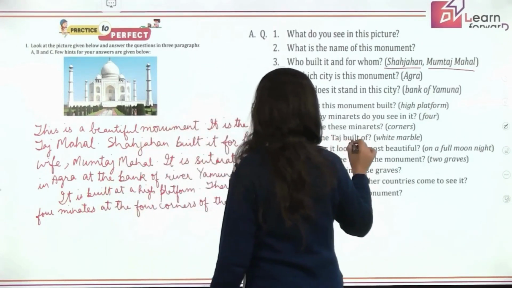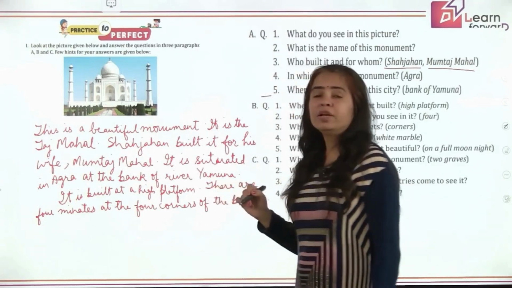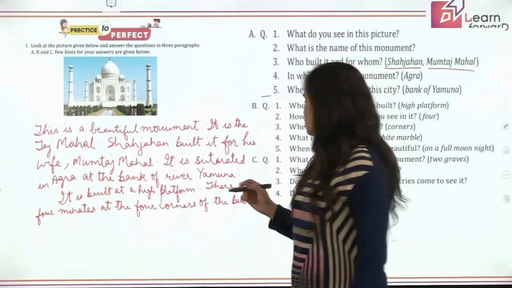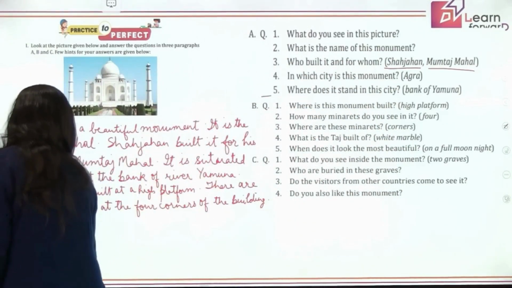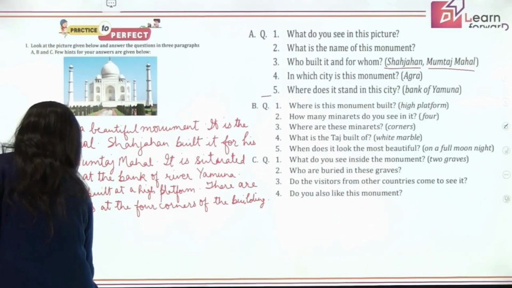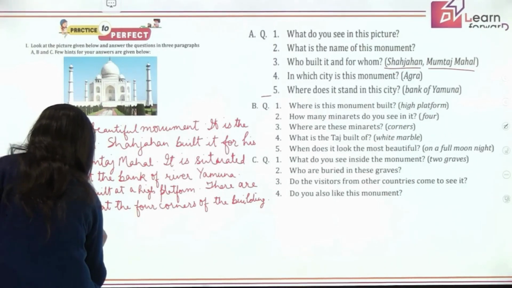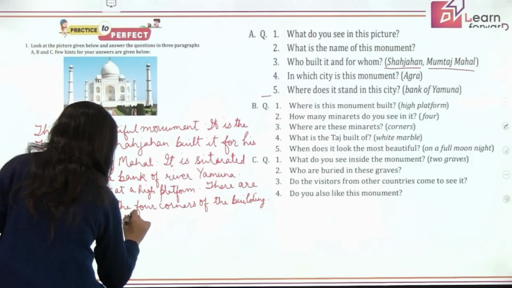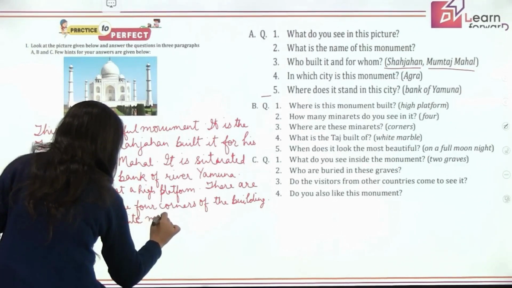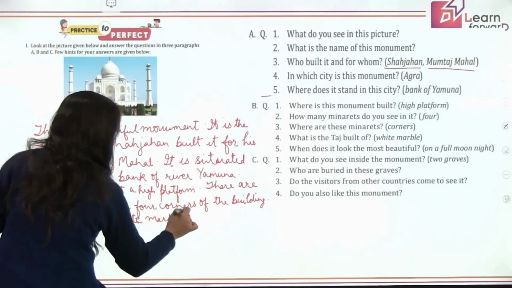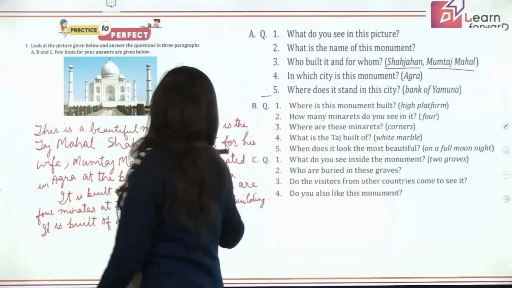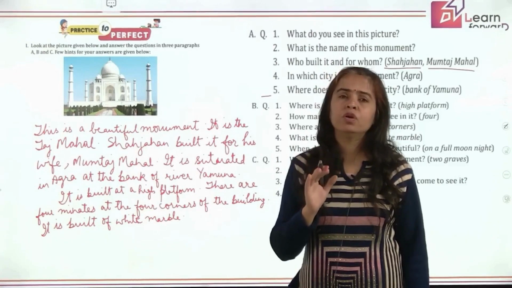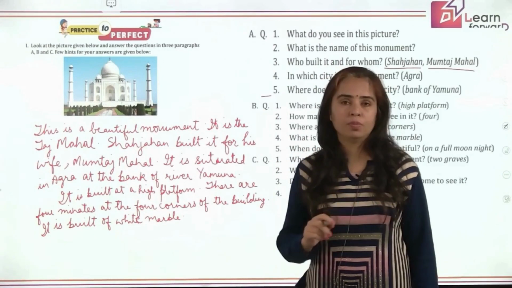Then, what is the Taj built of? What is used for building it? It's a pure white marble. So it is built of white marble. When does it look the most beautiful? Do you know? It looks the most beautiful on the night of full moon, right?